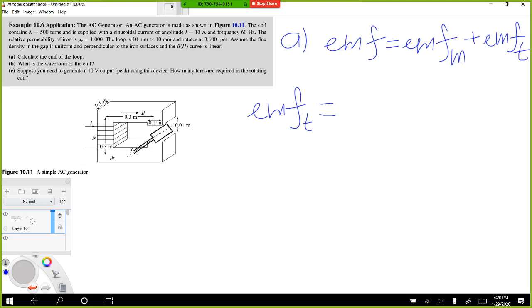In order to find this, first of all, we need to find the magnetic flux density in this region, in this air gap. Magnetic flux density B in this region is equal to the relationship between magnetic flux and surface area of the gap.